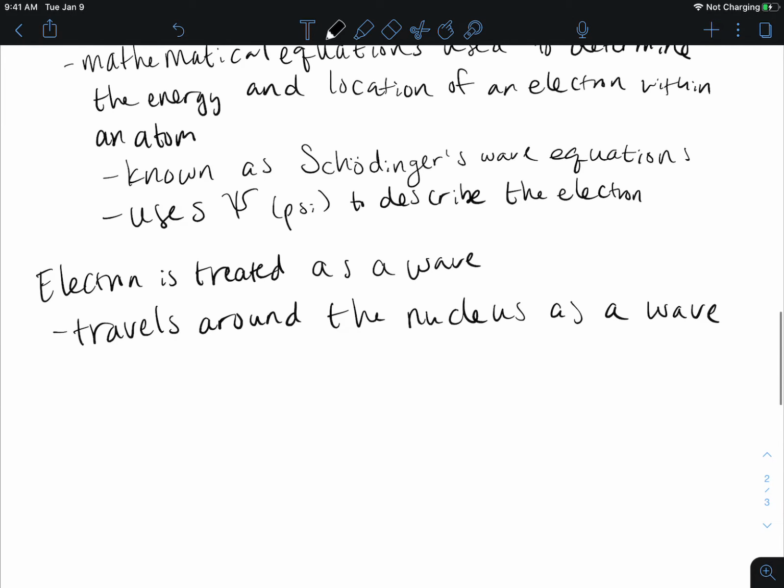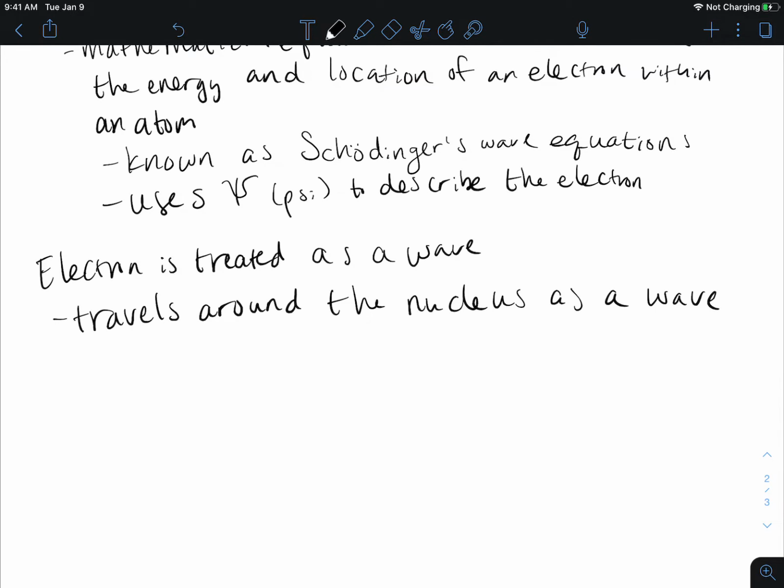So if we think about our nucleus and then our electron around it, that is thought of as just this allowed orbit. That's how it was described in the Bohr model.